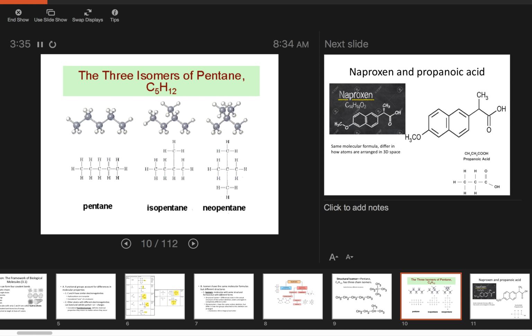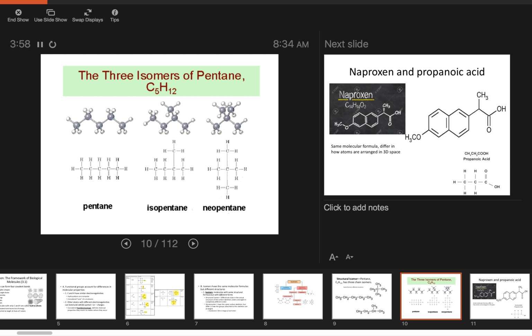So this diagram gives a more 3D representation of the straight chain, the branched, and the multi-branched. They are all pentane, but because the carbons are placed in different places, we now have a different name. I took organic chemistry in high school. It was called organic chem, okay?